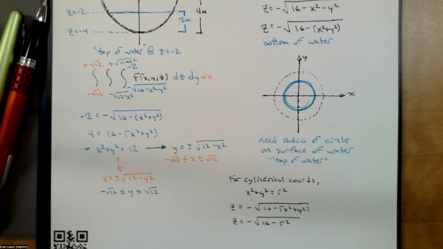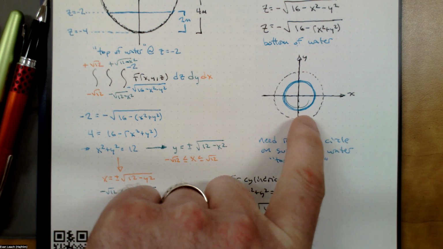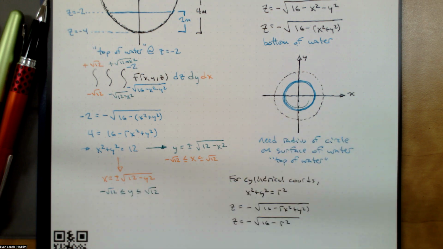The sneaky part of this problem is to set things up in a sphere to, first of all, trick you into making the radius of this circle 2 instead of square root of 12. That's trick number 1. Trick number 2 is to say it's spherical. Wouldn't you like to use spherical coordinates? But no, because stuff is the same going around this way. We're going to exploit this symmetry, and we care about changes in depth.